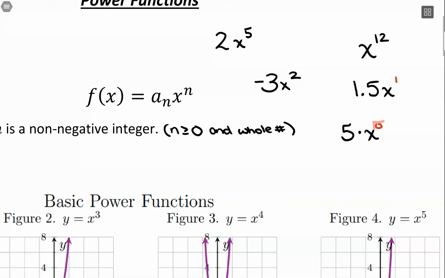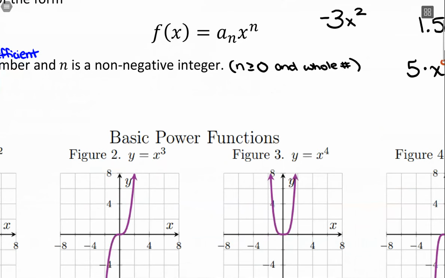It's just that when you raise anything to a power of 0, that all just turns to 1. So seeing just the number 5 is technically a power function. Not a very interesting one, because that would just be a horizontal line at 5. Even this 1.5x just makes something linear, but they are power functions.